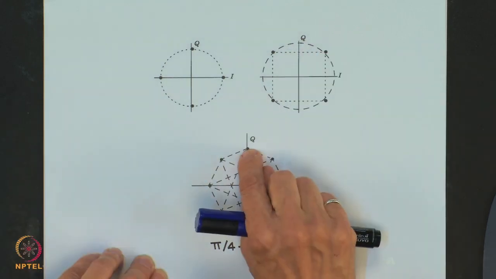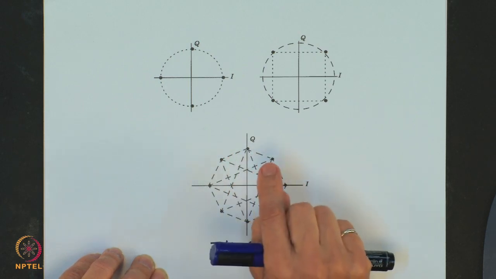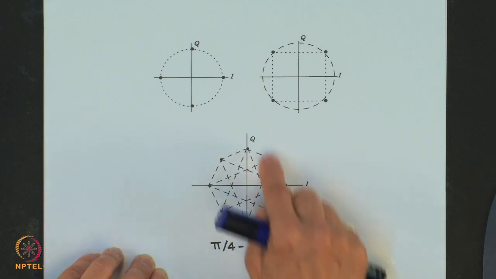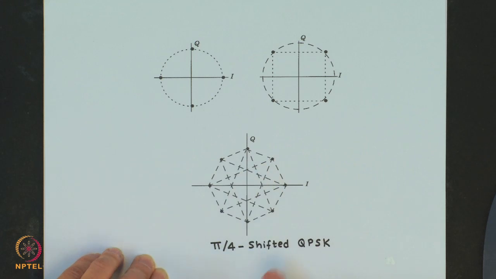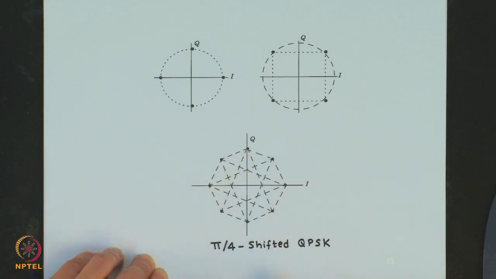So from this state there are 4 dashed lines emanating from each possible message point in this figure, and this defines the phase transitions that are feasible in pi by 4 shifted QPSK.